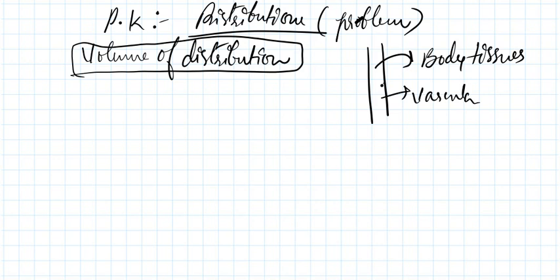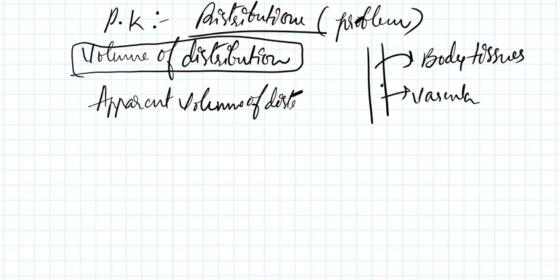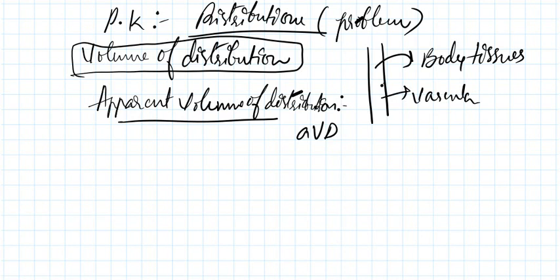Now you have one more term called apparent volume of distribution. Right now I will not say what is meant by this, but in the next topics, with an example, I can make this concept very clear. If I tell you right now, you may not understand. Most doctors simply mug up this topic, but you will get 2 MCQs from this topic in the INICET, and ultimately you will make a mistake.